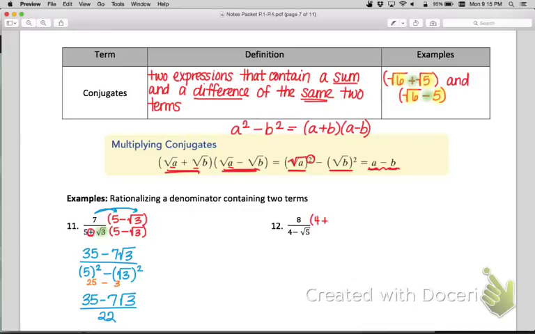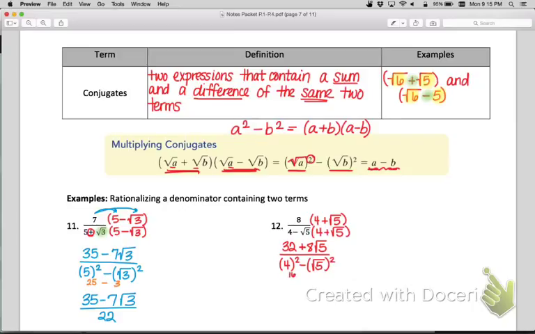The conjugate here is going to be 4 plus the square root of 5, because I already had the minus. Again, I have to distribute on the top, so I get 32 plus 8 root 5 divided by the first one squared minus the second one squared.